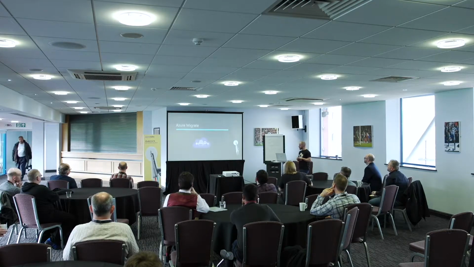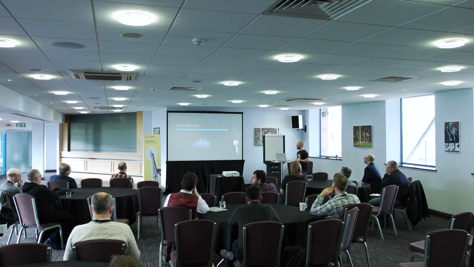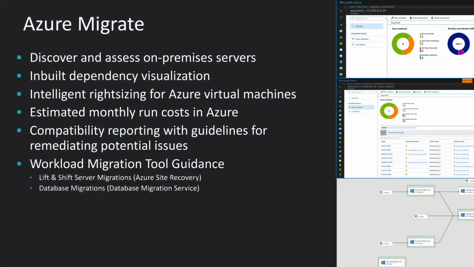Now, let's look at Azure Migrate in the first instance. We can look at how we're going to migrate virtual machines, because that is going to be the most commonly sought after scenario. So we have the Azure Migrate service available on the platform. Azure Migrate allows us to discover and assess our on-premises servers, so we can assess any VMware virtual machines in our current environment.